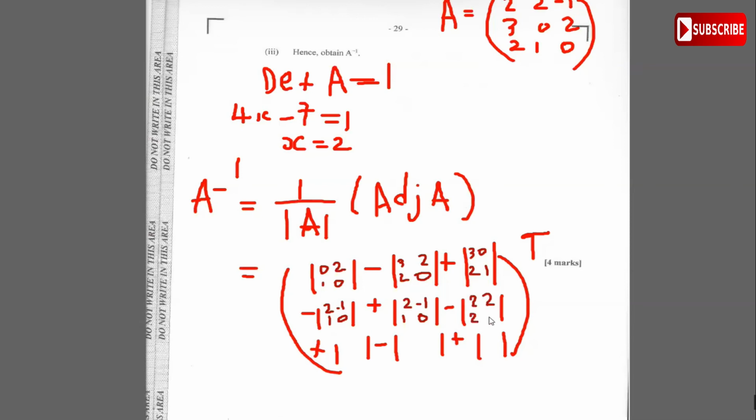Down here now, it's going to be cross here, it's 2 minus 1, 0, 2. Going right here now, it's going to be cross here, it's 2 minus 1, 3, 2.